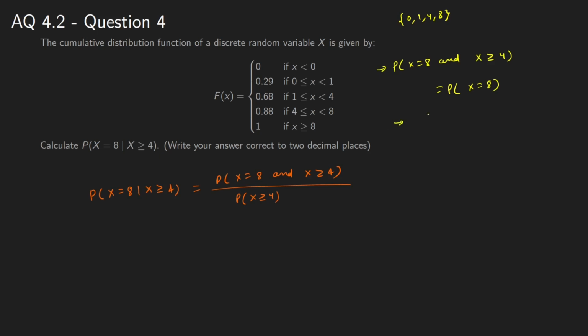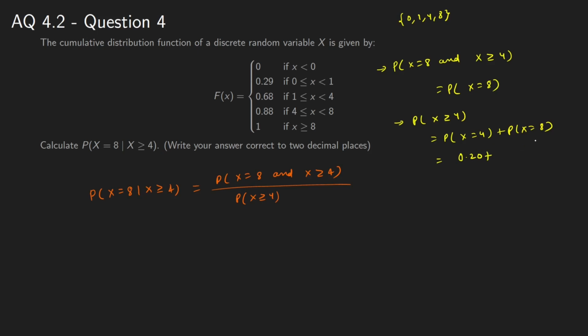What about this marginal probability, the probability that x will be greater than or equal to 4? What are all the possible values of x this corresponds to? So x is greater than or equal to 4 means x can take values 4 plus x can take value 8, because after 4 there are only 2 values that can be taken, including 4. The probability at x equals 4 that we already calculated is 0.20.